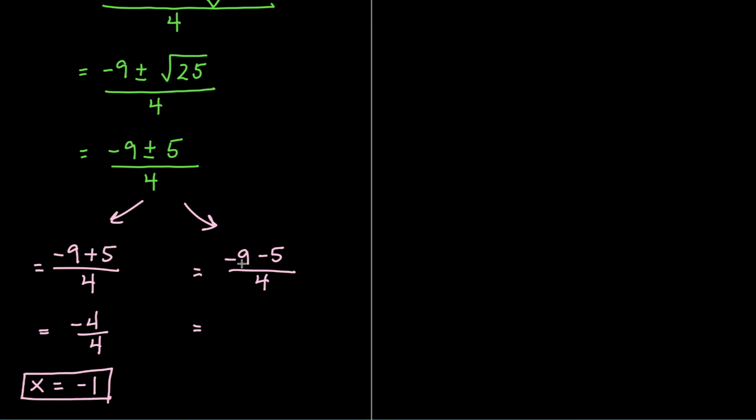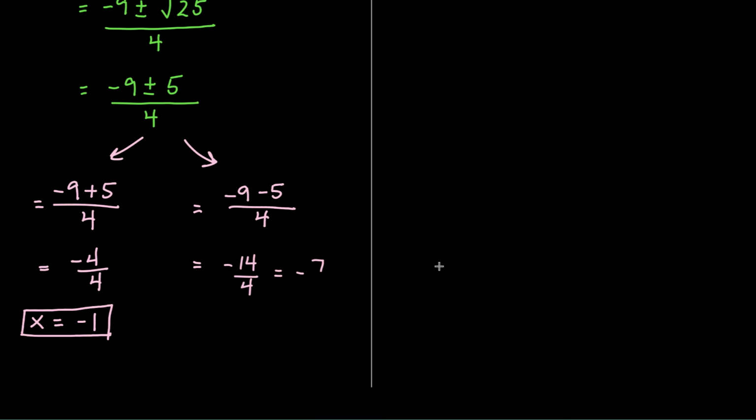Over here, negative 9 minus 5 is negative 14 over 4, which reduces to negative 7 over 4.